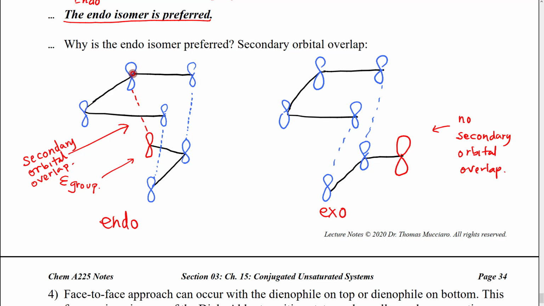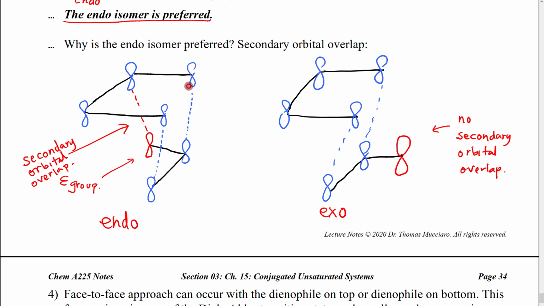Pi bond. Well, it turns out in that process, since our E group almost always has a pi orbital directly adjacent here, that pi orbital is going to line up with this one, and it's going to be able to kind of come up and sort of interact with this pi orbital of the diene.